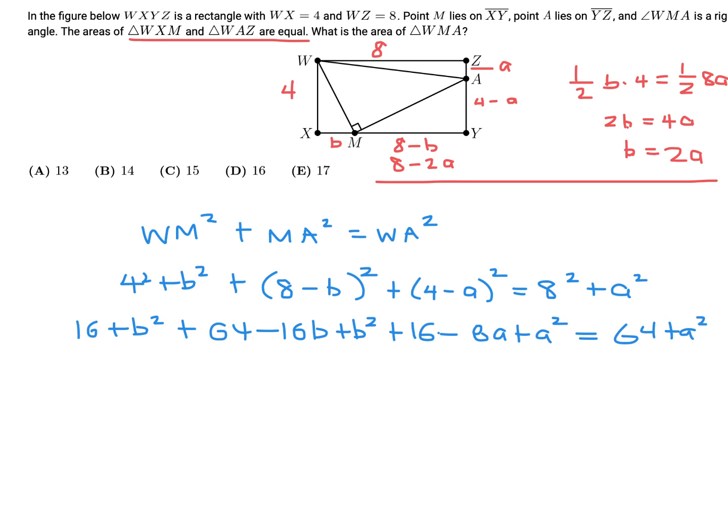Collect like terms, blah, blah, blah. You guys can do that. When you collect like terms and put it all on one side and reduce it to lowest terms, you will end up with A squared minus 5A plus 4. And it's your responsibility to do all that. And then this, fortunately, factors as A minus 4 times A minus 1.